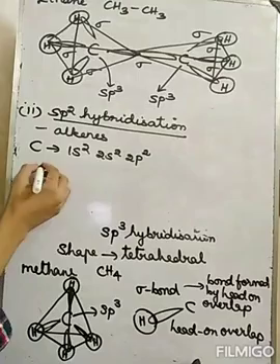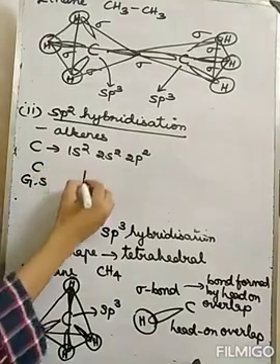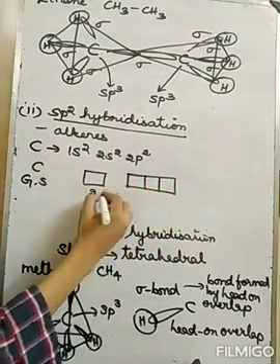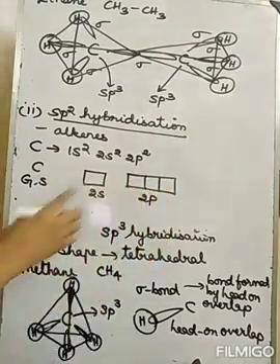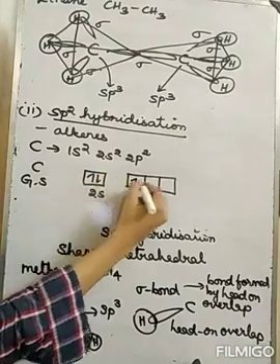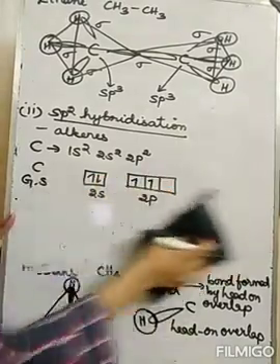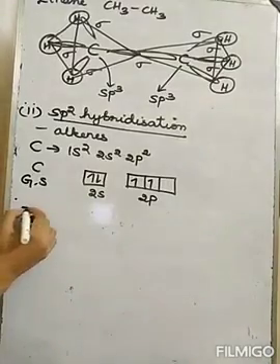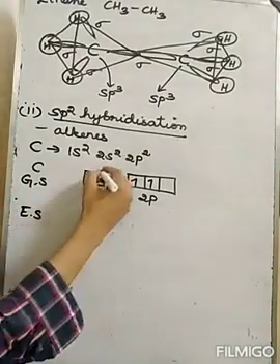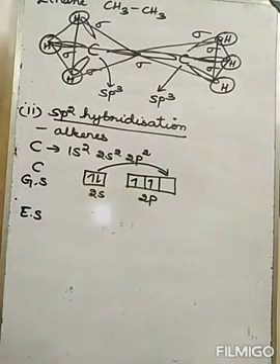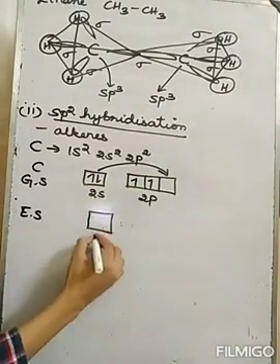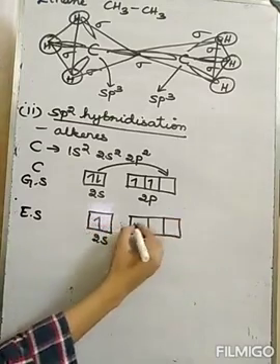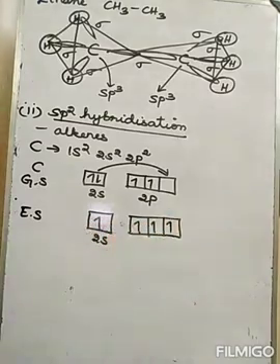So I am going to draw only these two in ground state, 2s and 2p. So 2s2 and 2p2. When it is in excited state, what will happen? This electron will go to the higher energy orbital. So you will get 2s, and you will be getting like this in excited state.